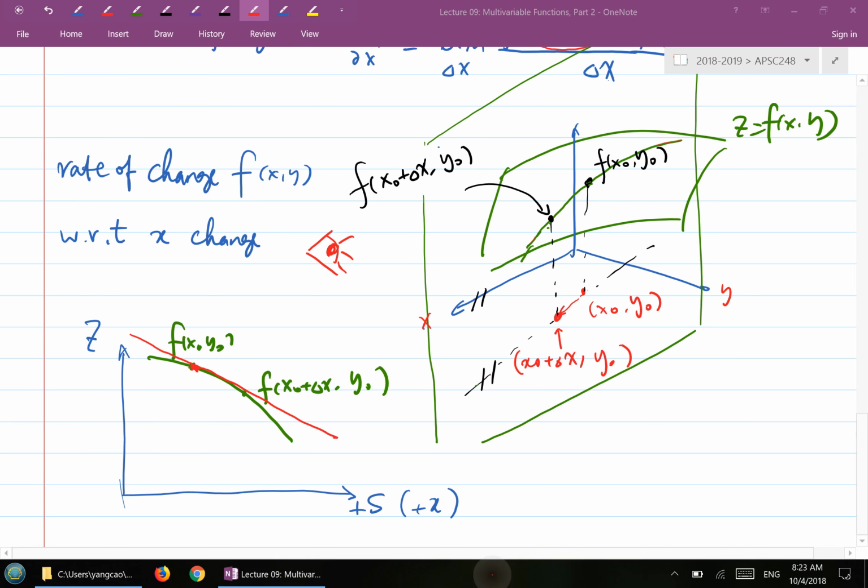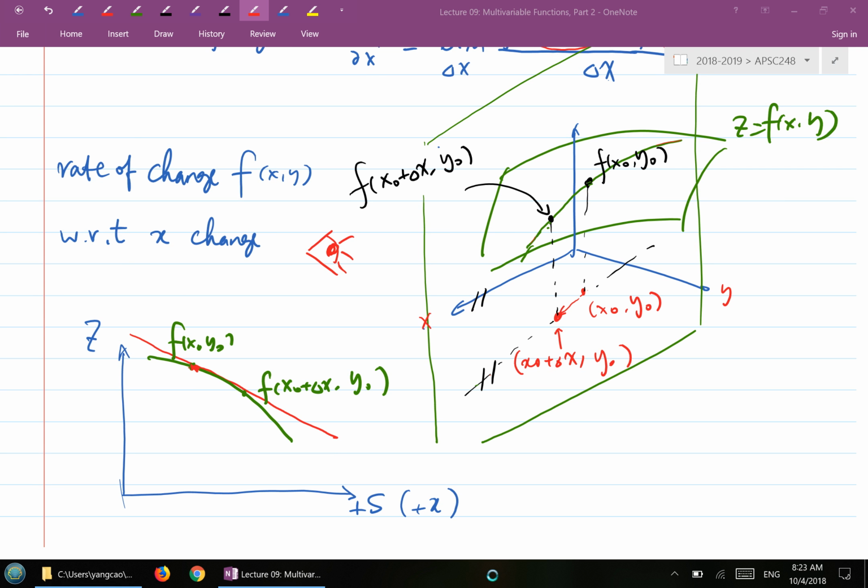So in this case, after I do this operation, all I see is as if it's a single variable now. And looking for the rate of change of the function is essentially equivalent to looking for the rate of change of this curve here. In other words, the rate of change is represented by the slope of this red line here.